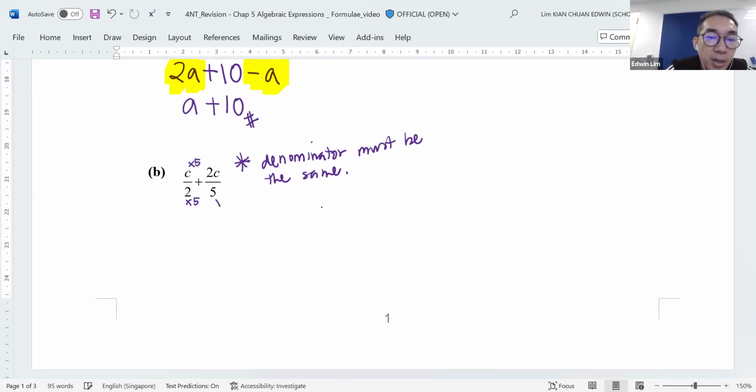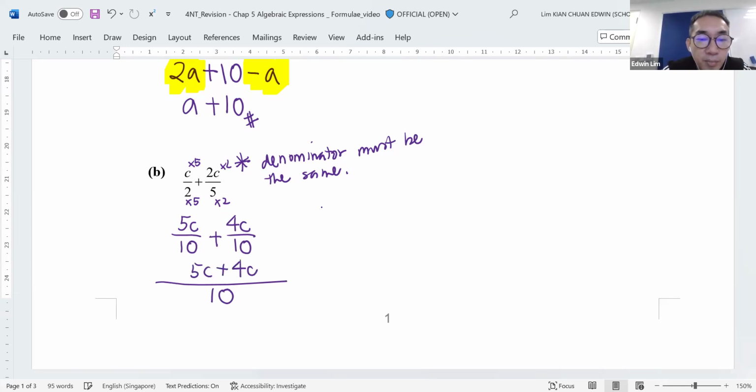All right, the other part, I will times 2, so that I can get 5c over 10 plus 4c over 10. Once denominators are the same, I can write them together. 5c plus 4c. Same family? Yes. 9c over 10 is the answer.